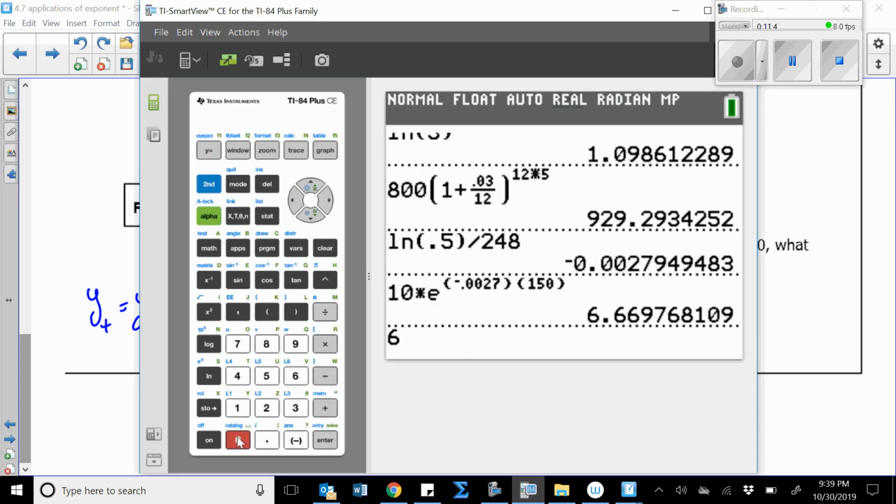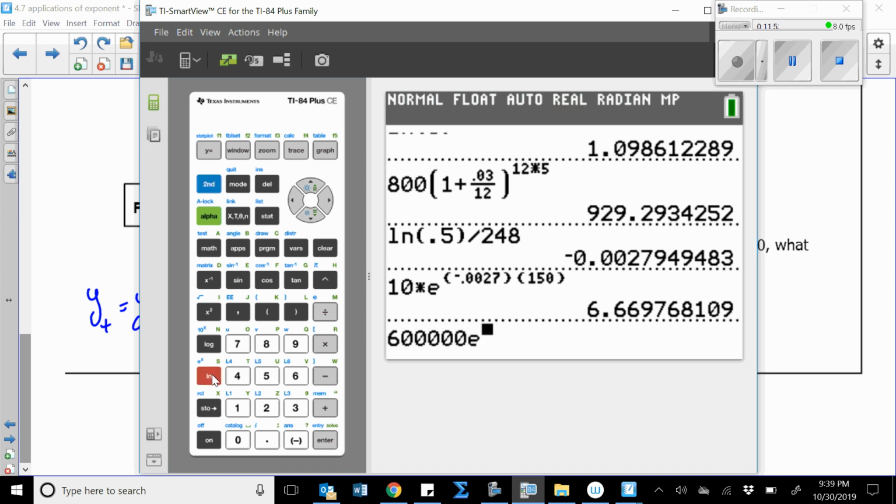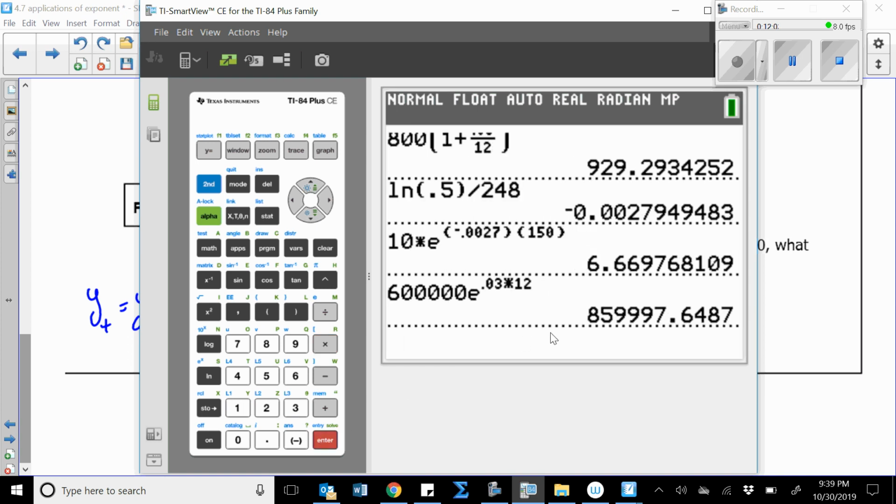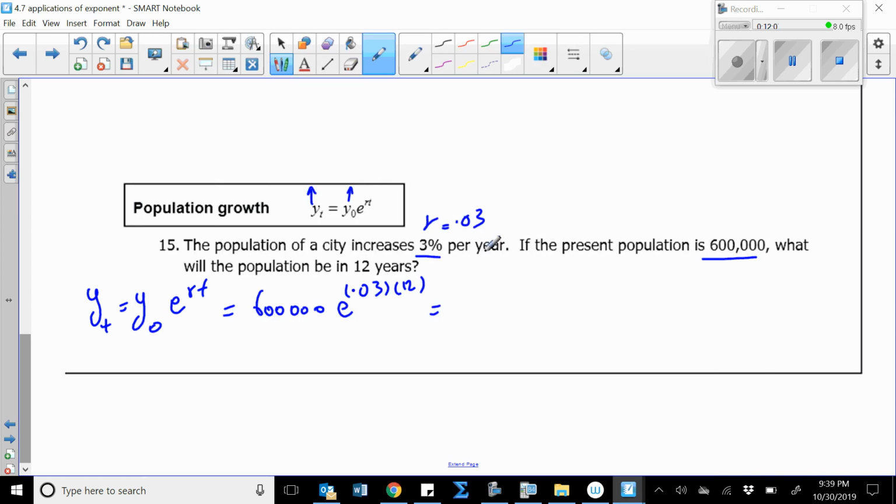So 600,000 times e to the power of 0.03 times 12, which will be 85997 point something.